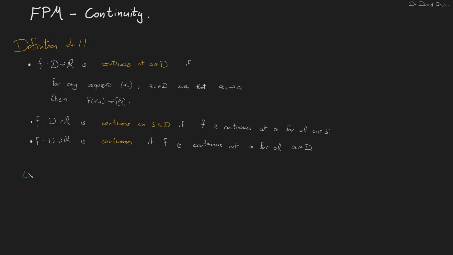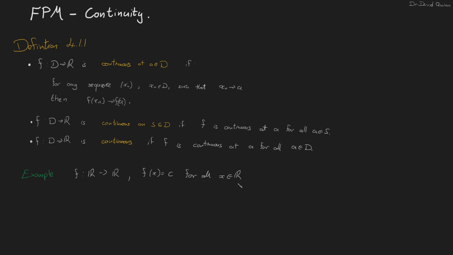I'll take a seemingly trivial example, but this actually forms the basis of some important results. So if I take f of x to be constant, so it will be a function from the reals to the reals, and f of x is equal to c for all x. So c here is just some real number.